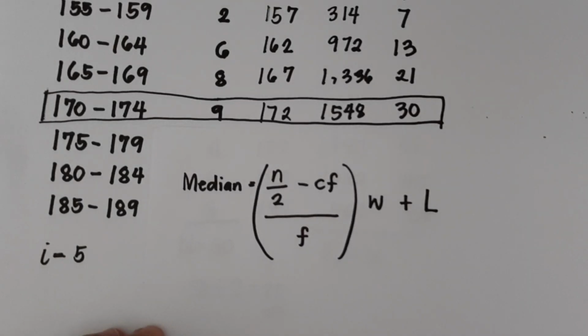Okay, here's now the formula for the median. We have n divided by 2 minus CF all over F times the width plus the lower limit of median class.